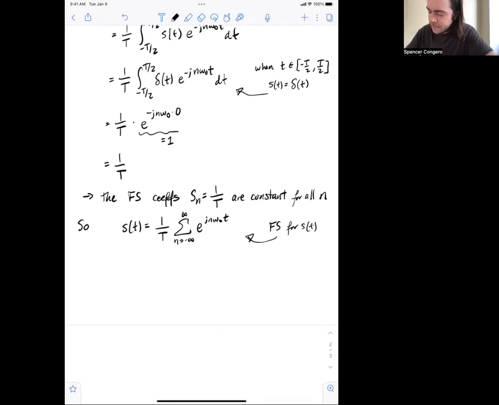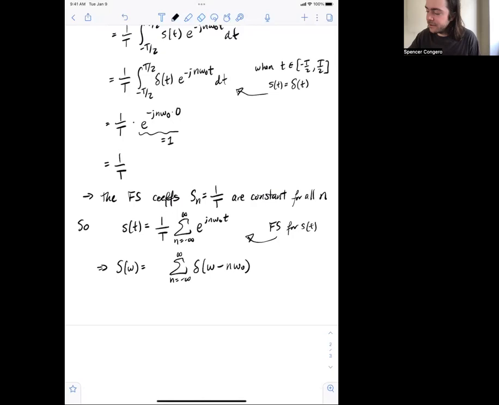Okay, so what does that mean for the Fourier transform? We saw this in a previous video. The Fourier transform of a Fourier series, what happens? Well, we just get a big sum of delta functions in frequency that are shifted by all of these integer multiples of the fundamental frequency. And what number is multiplying those delta functions?